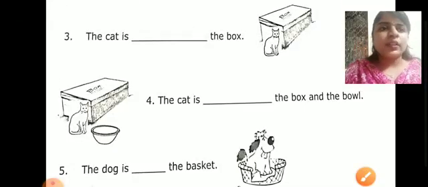The third one. The cat is dash the box. What will be our answer? The cat is in front of the box. Okay, children, you are going to write it down with me. In front of.